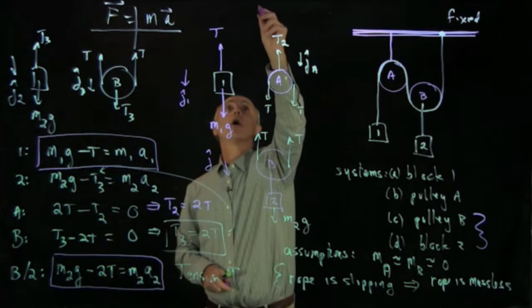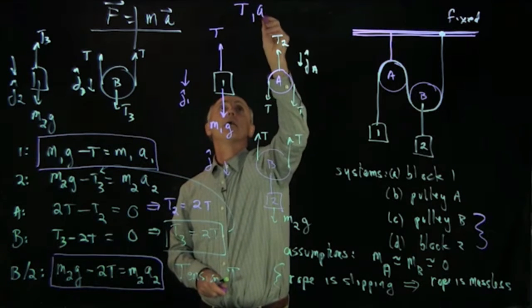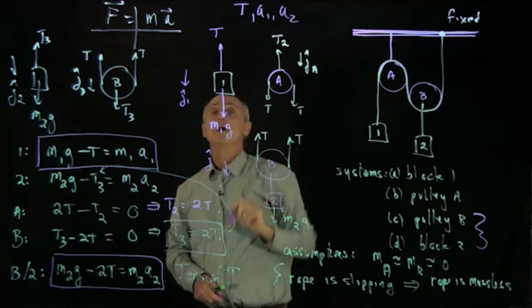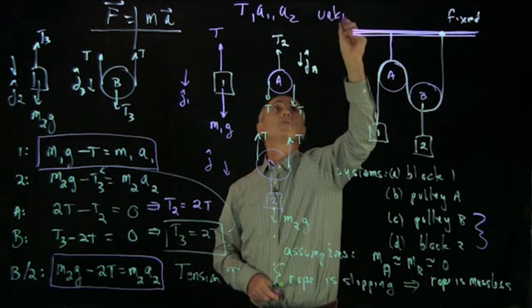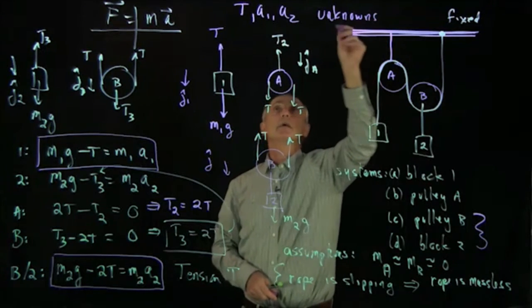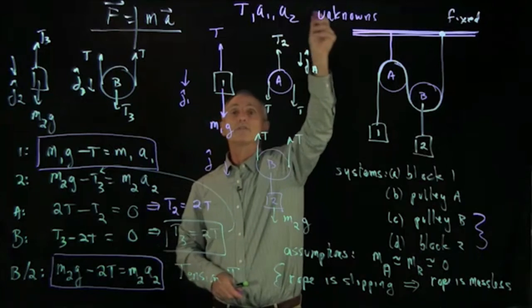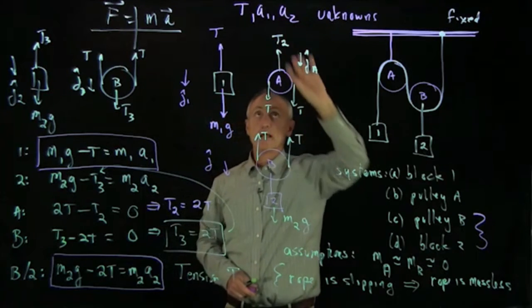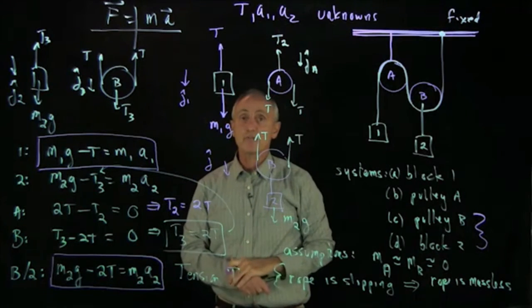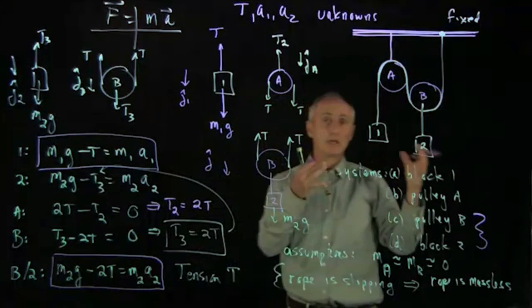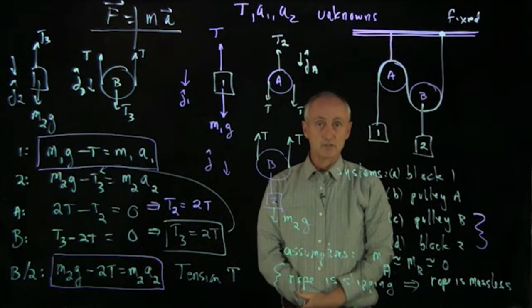Our unknowns are T, a1, and a2. Now our next step is to figure out what is the missing condition relating some of these unknowns. That will be a constraint condition that we'll analyze next.